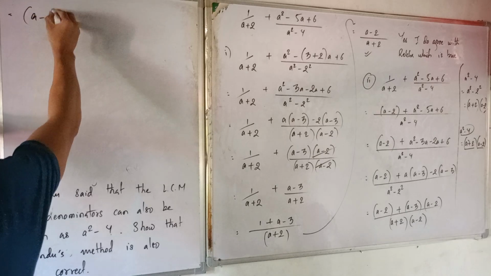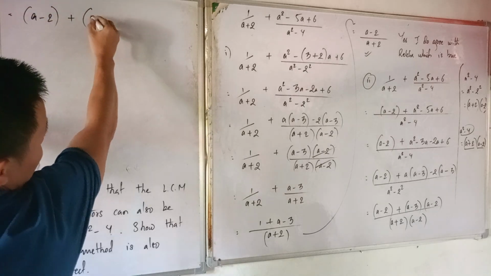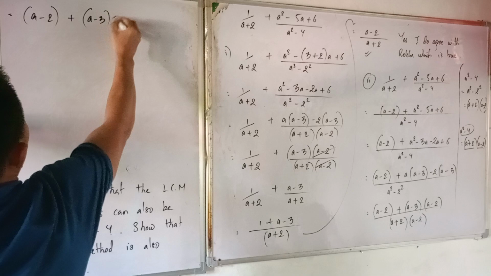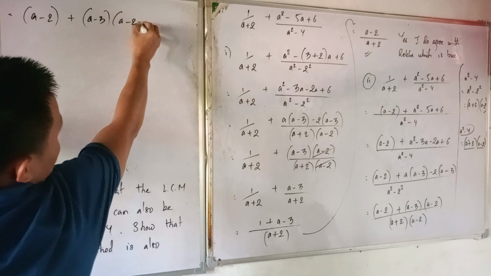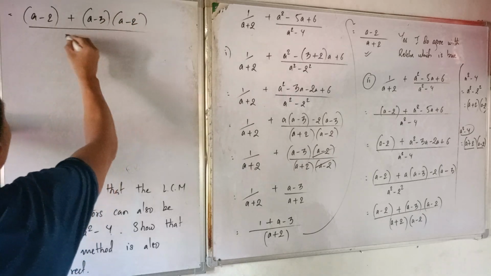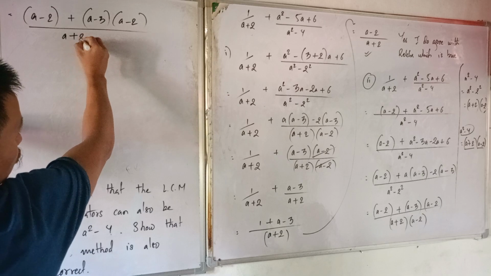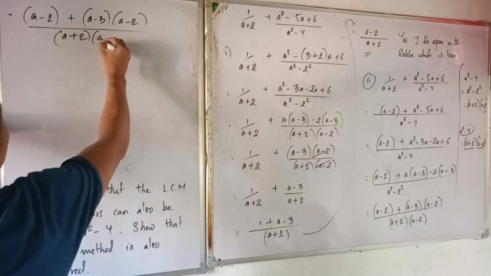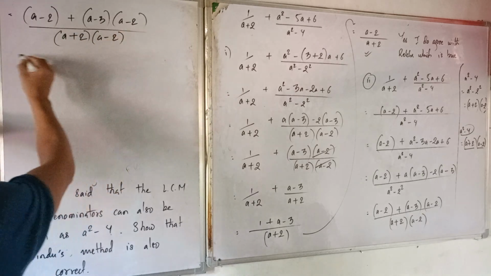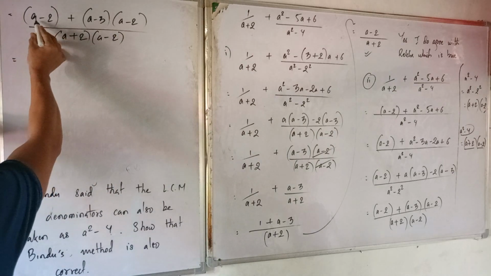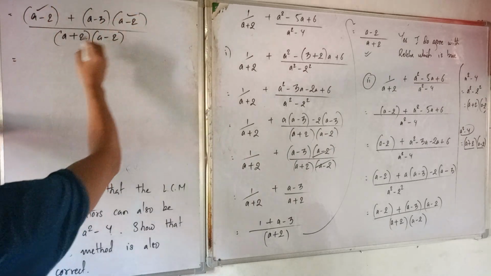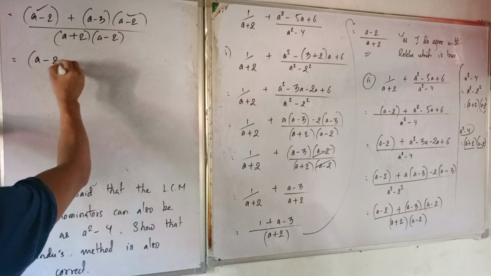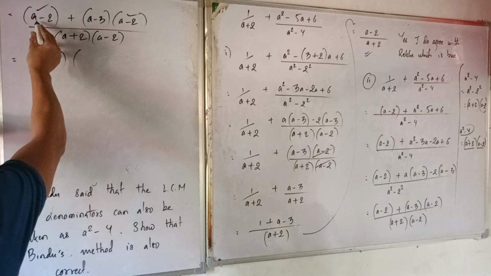A minus 2 plus a minus 3, a minus 2, a plus 2, a minus 2. So from here you can take this and this common. Okay, a minus 2 just write, and a minus 2 is already gone.